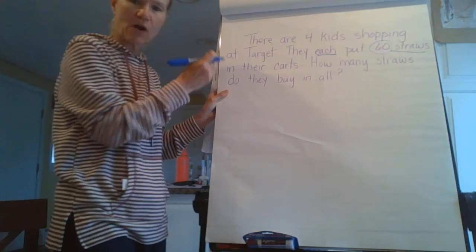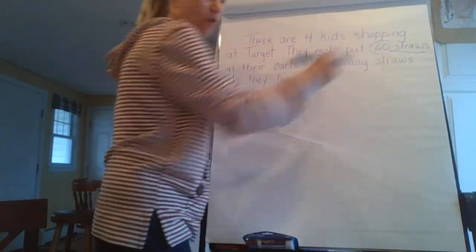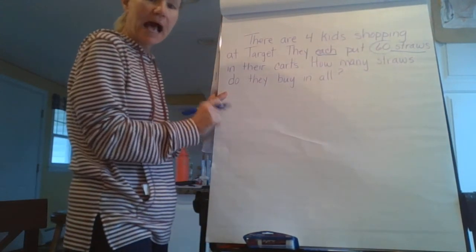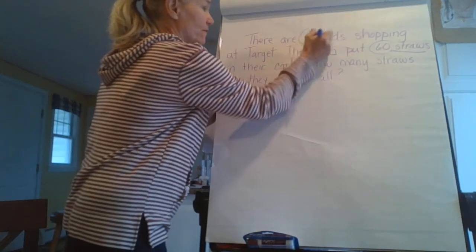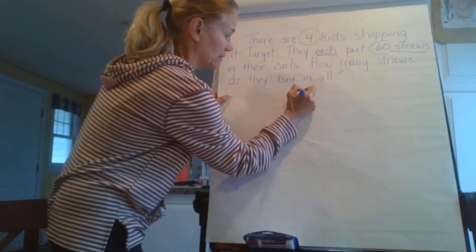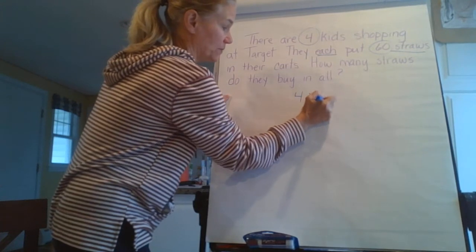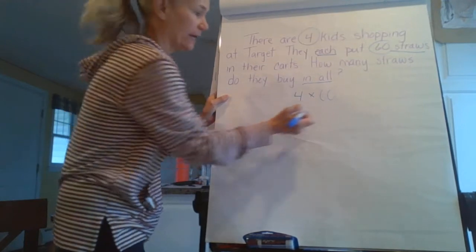Those equal groups are that all 4 of my kids are putting the same number of straws in their cart. So this shows equal groups. I know equal groups is going to be multiplication. So if I have 4 kids and they all have the same, I can use multiplication to find out how many in all.